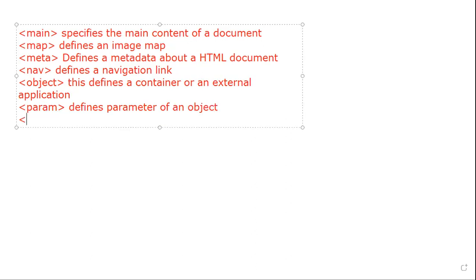Oh yeah, we learned about the input in the other. We also have the output. I forgot about this. What the output does is that it defines the result of a calculation.